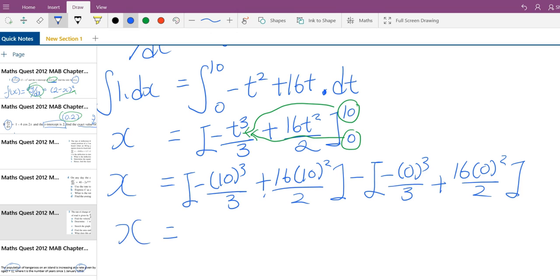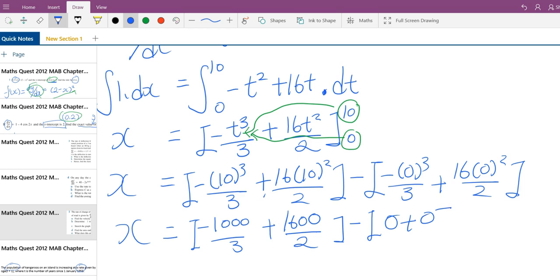And then let's calculate it. So 10 to the power of 3 is just 1000 over 3 plus this. Now this is 100, so this is 1600 over 2, minus, that's literally just 0 plus 0, so both are gone.